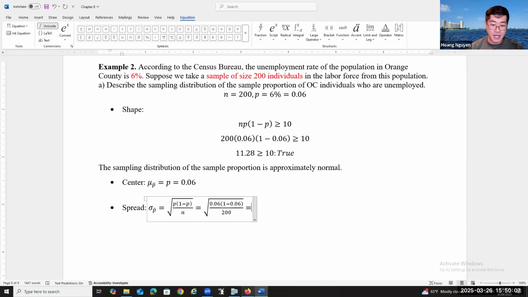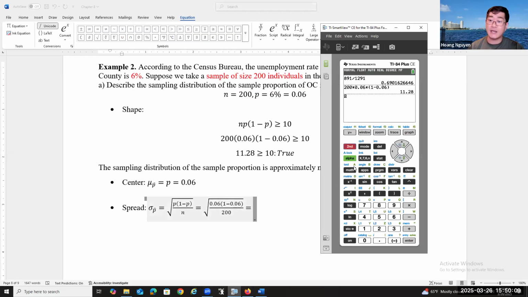Now let's estimate this calculation then. So square root of 0.06 times parenthesis 1 minus 0.06, and then divided by 200. I'm going to round this answer to 4 decimal places then. 0.0168.